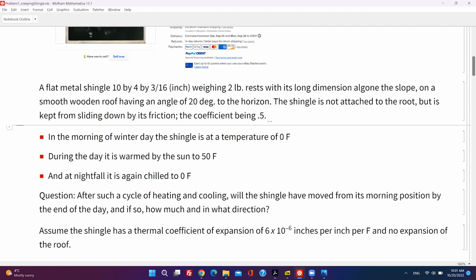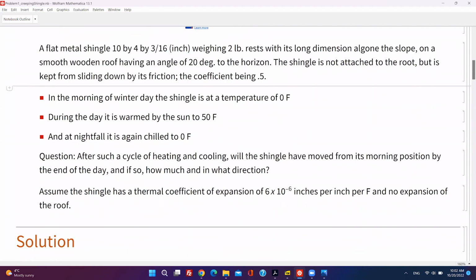The interesting thing is that you have a piece of shingle sitting on the roof, and without pushing it, just by going through a thermal expansion and contraction cycle, the shingle is actually going to move along the roof and go downward.